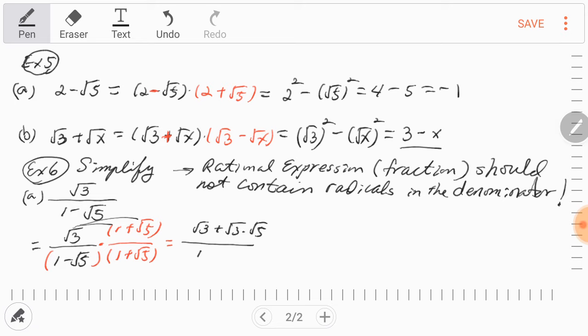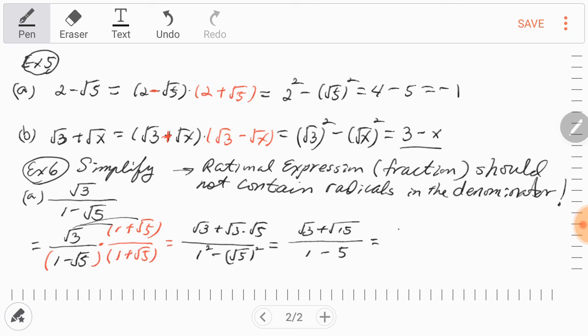A squared minus b squared. Square root of 5 squared. So that is equal to square root of 3 plus square root of 3 times 5, which is 15, and 15 cannot be a perfect square, so leave it as is. The bottom is 1 minus square root of 5 squared, which is 5.